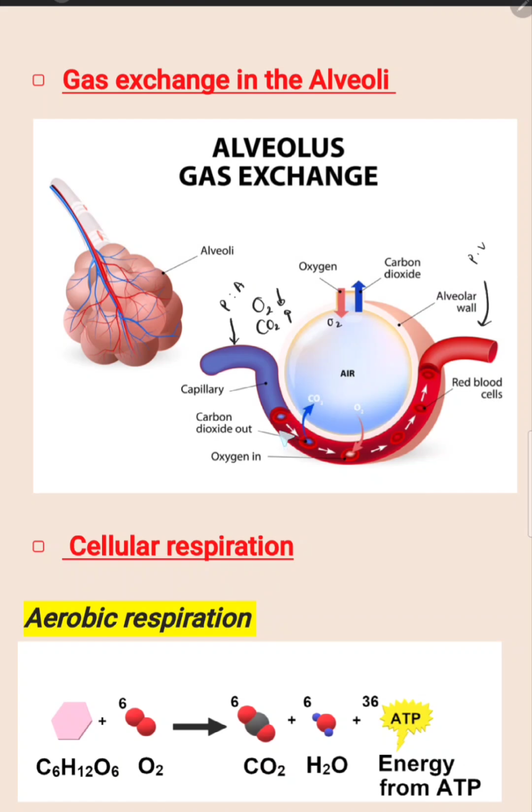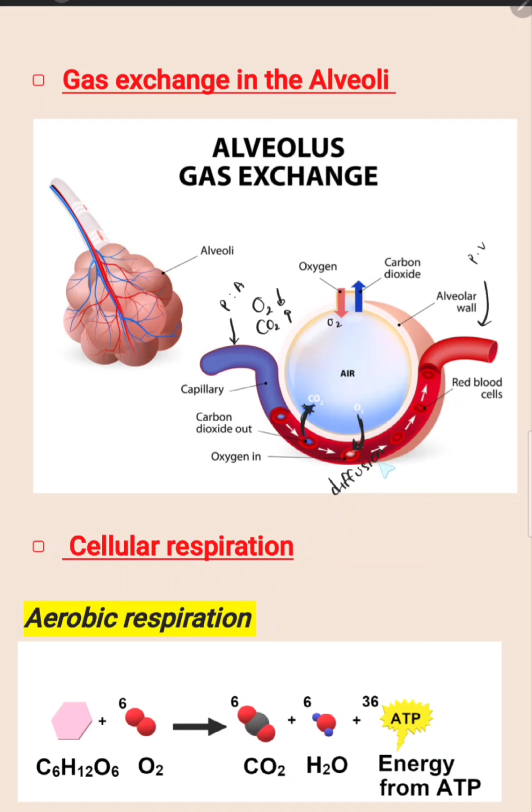Because of this concentration difference, the oxygen in the alveoli diffuses from the alveoli into the blood, and the carbon dioxide in the capillaries diffuses into the alveoli. Here, the process of diffusion occurs.